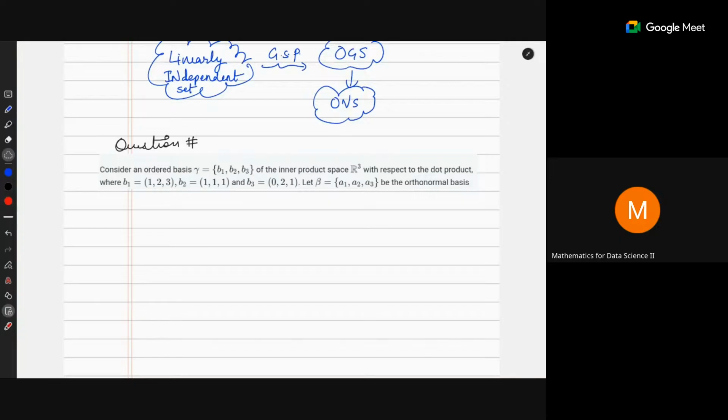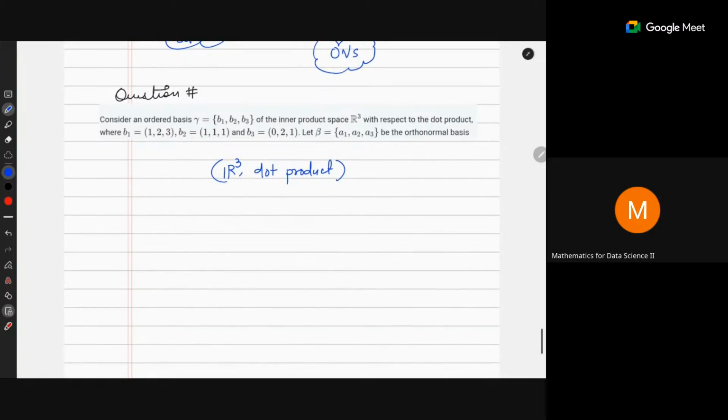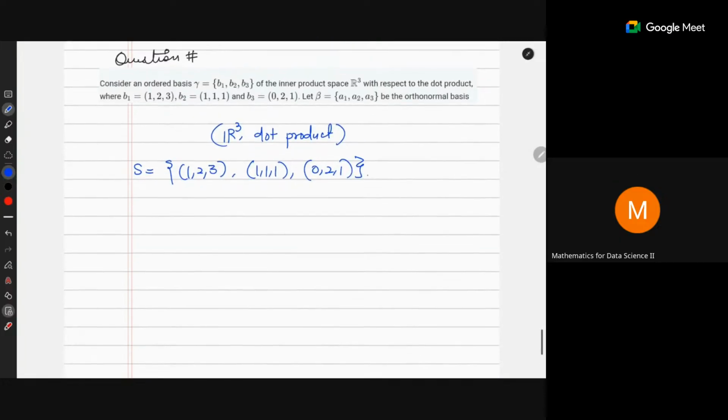The vectors are 1, 2, 3, 1, 1, 1, and 0, 2, 1. Now we need to find the orthonormal basis. It is already given as B1, B2, B3, so let's keep that notation as well.